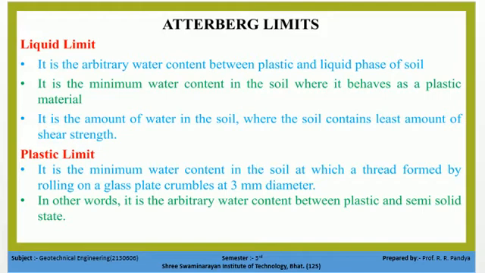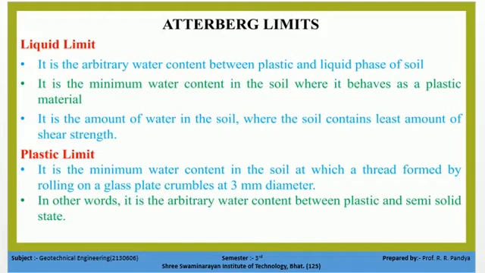Then the next one is the plastic limit. The plastic limit is the maximum water content in the soil at which a thread formed by rolling on a glass plate crumbles at 3 mm diameter. In simple words, we have to roll a soil sample on the glass plate, and see how thin we have to roll that soil sample to reach 3 mm diameter.